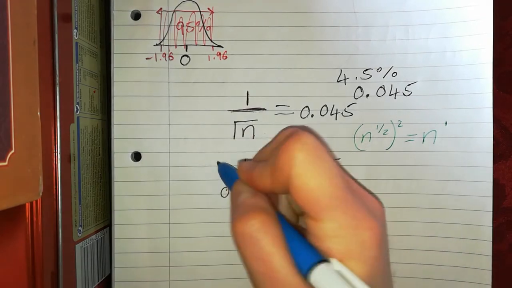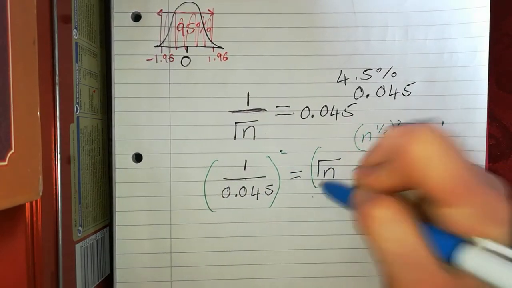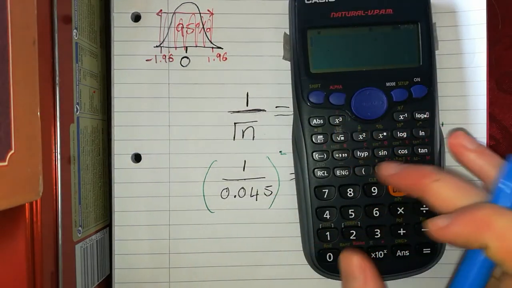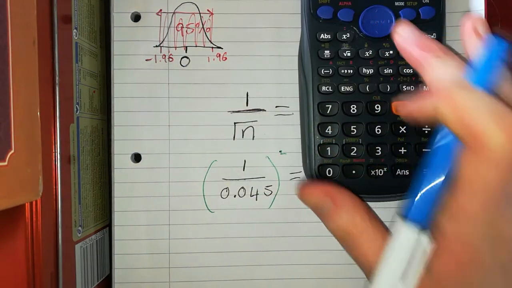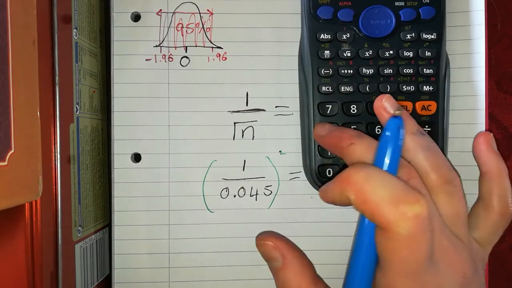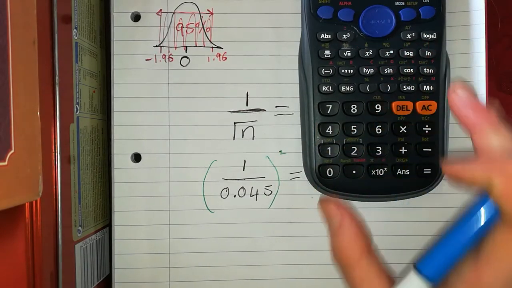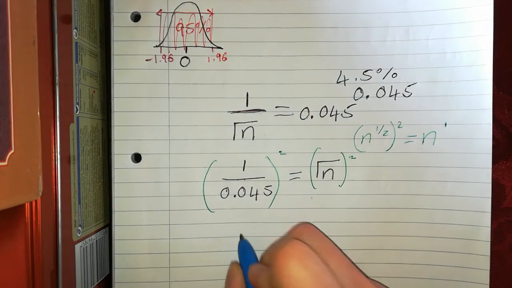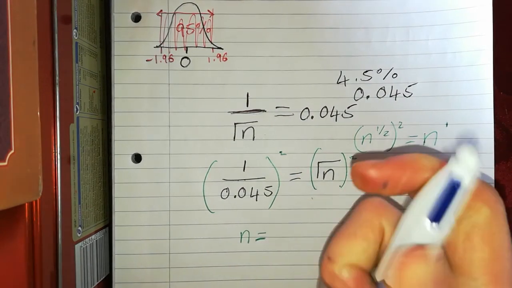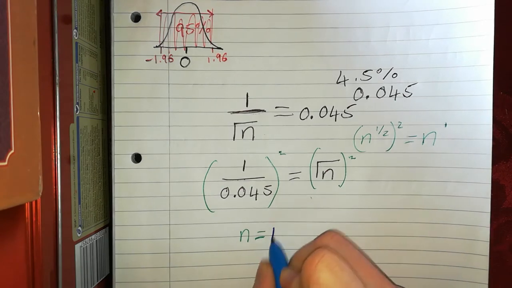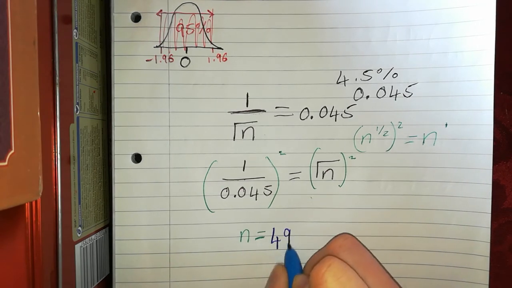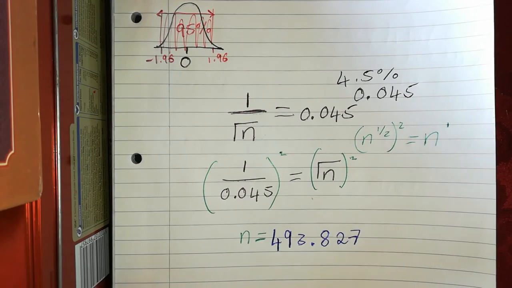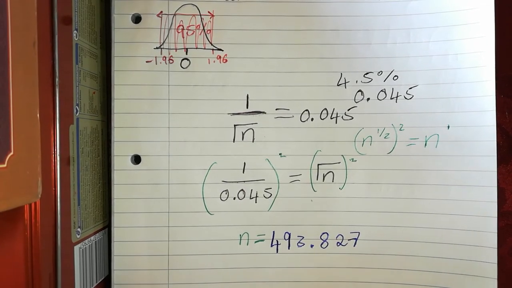So what I'm going to have to do is square both sides, and then I'll just be left with n. So I get my calculator, 1 over 0.045, and then squared, and n is equal to 493.827.